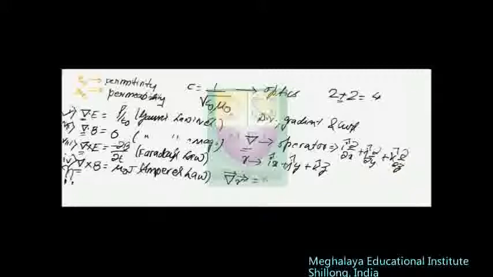So when I multiply it, what can I say? I can write it as i del del x plus j del del y plus k del del z into i cap x plus j cap y plus k cap z.